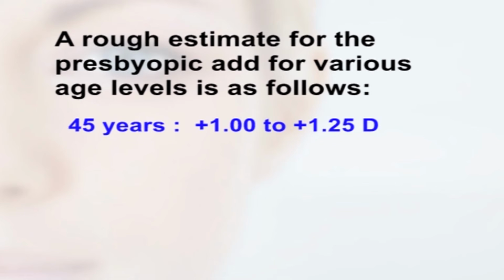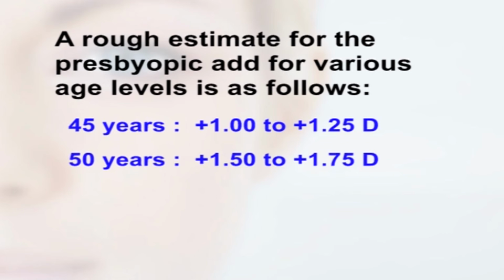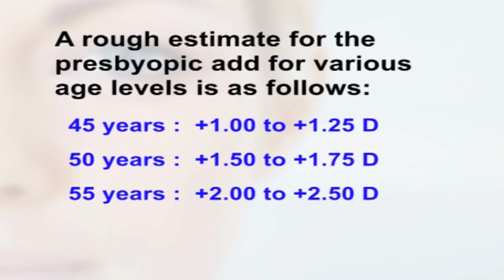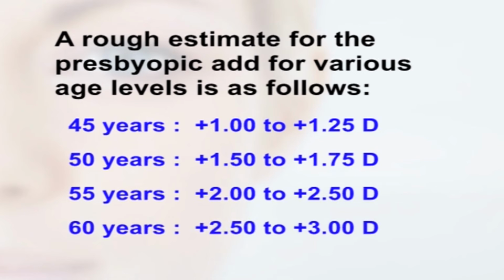For people around 45 years of age, the add is +1 to +1.25 diopters. Similarly, for 50 years, the add is +1.5 to 1.75 diopters. For 55 years, the add is +2 to +2.5 diopters. For 60 years, the add is +2.5 to +3 diopters.